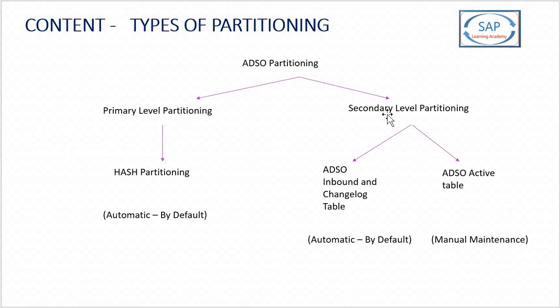On the other side, the secondary level partitioning is divided into two ways. One is the ADSO inbound and changelog table, and the other one is the ADSO active table. The ADSO active table is mostly manual maintenance, whereas the inbound and changelog table can be done automatically or by default. That's what I will be showing you in the coming slides, and I will be explaining it in detail.